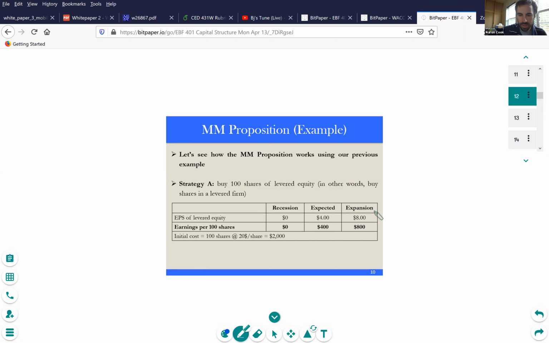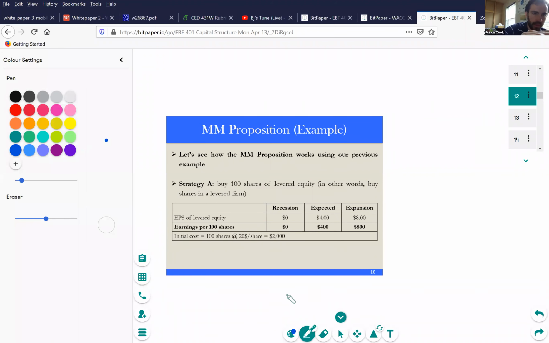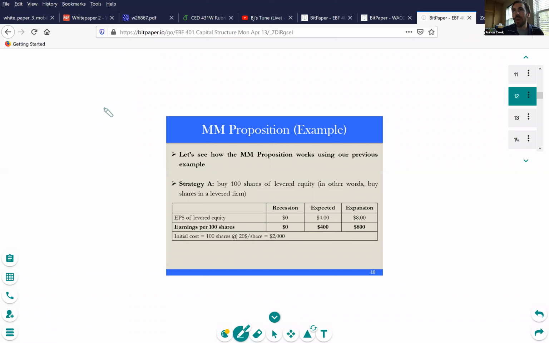Let's look at an example of how they could take advantage of credit markets themselves in order to duplicate the returns of a levered firm. So that's this next example. We're going to consider this same company, and we're going to consider an investor. So this is from the perspective of an investor.